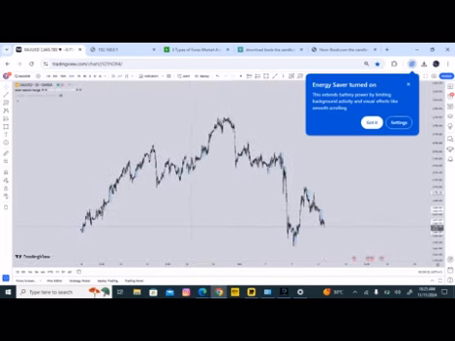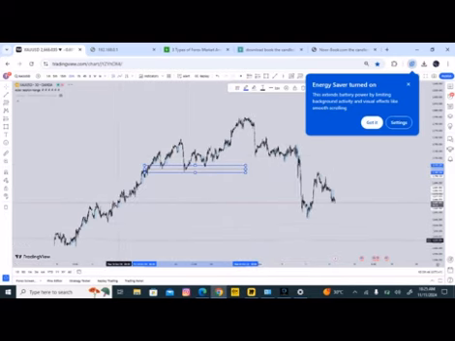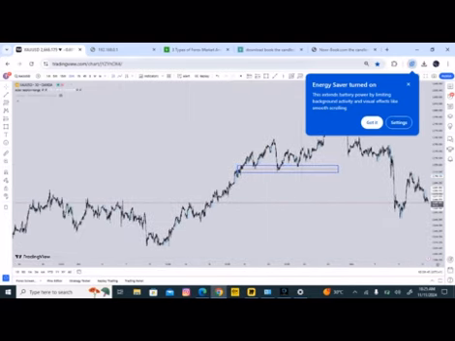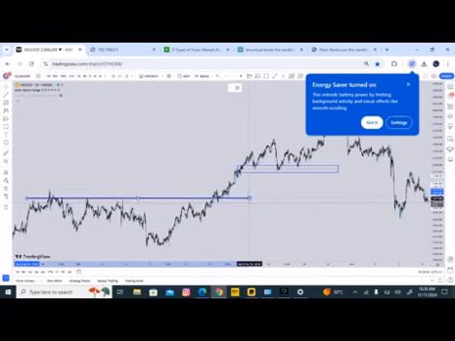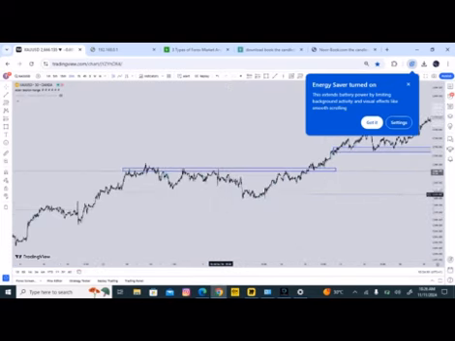This support level, as you can see, price fails to break. Price came into this level the first time, went above and came back into the level. It didn't break it. Now it's moved upwards. There are so many levels in the market. This is a resistance level. The difference between resistance and support is that resistance is above while support is below.